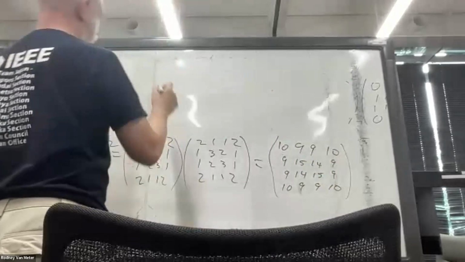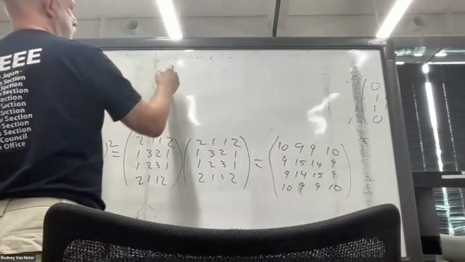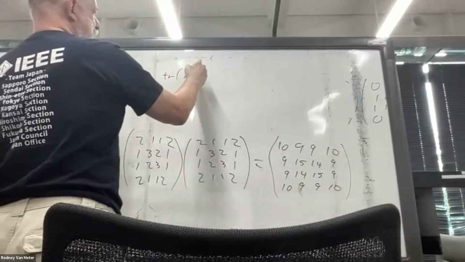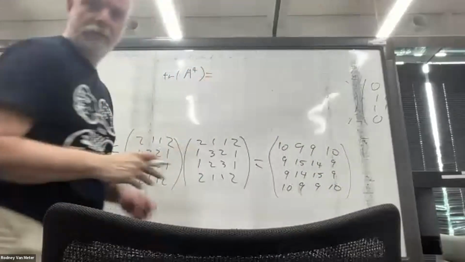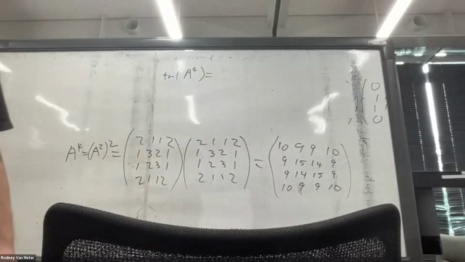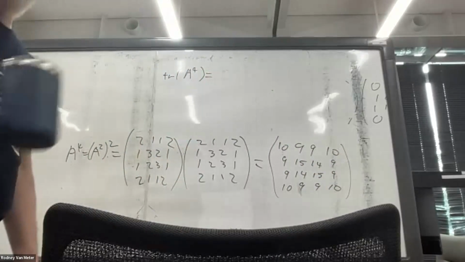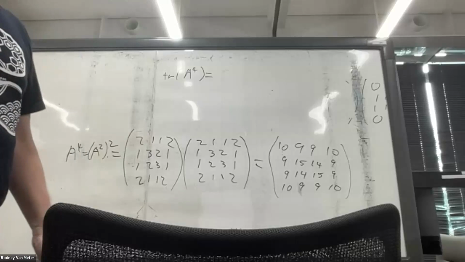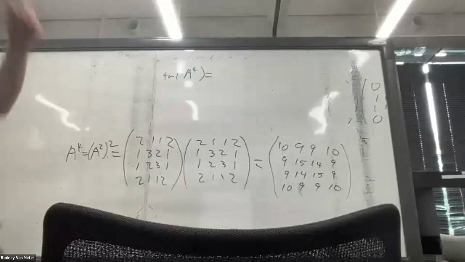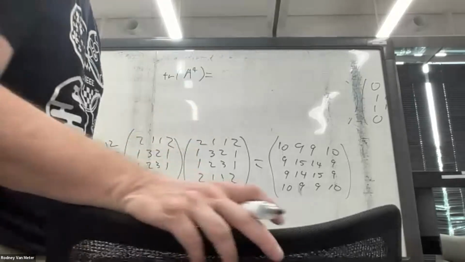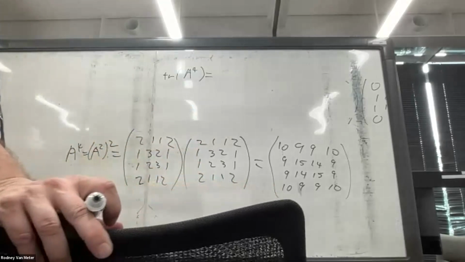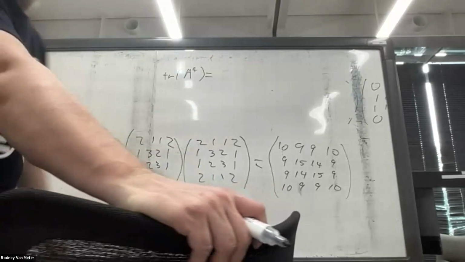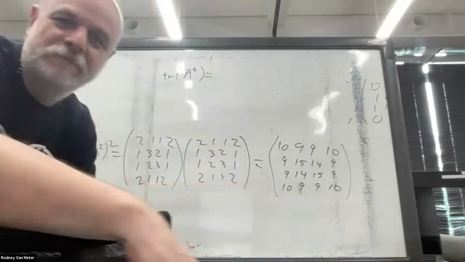So in this case, trace of A to the 4th equals what? Somebody should double check my arithmetic on multiplying that out, but I think I'm right. So what's the trace of this matrix?